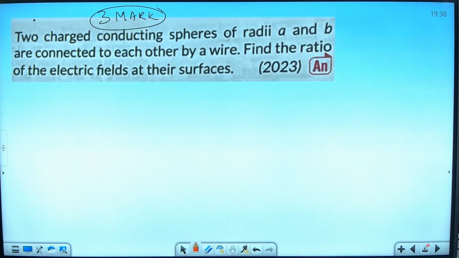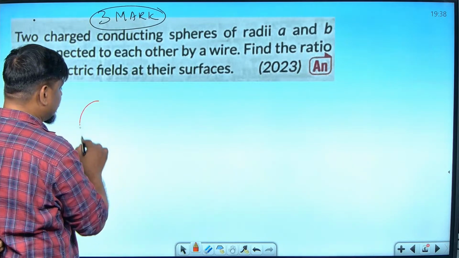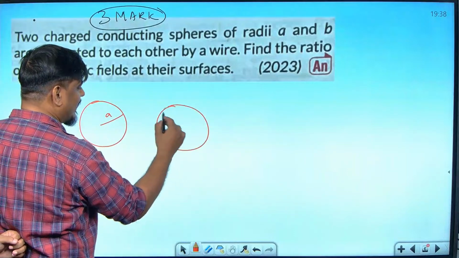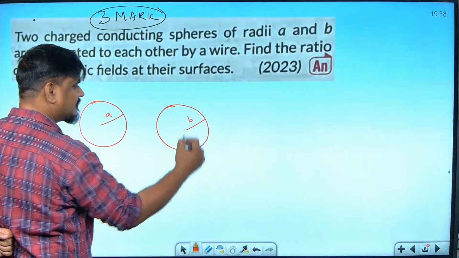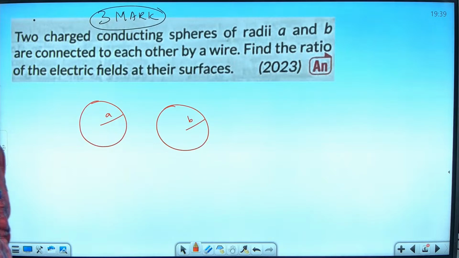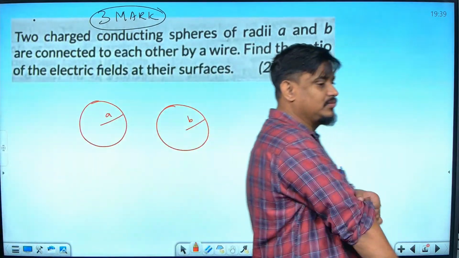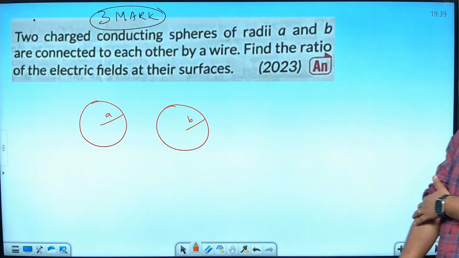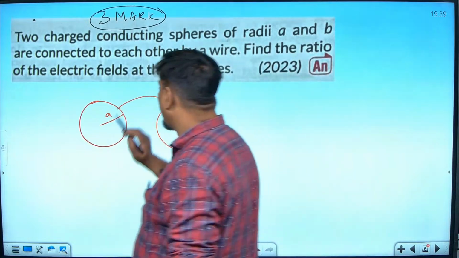Okay, let me ask this question to you. If there are two shells and if they are connected, what will become same between them? Charge. If there are two charged conducting spheres of radius A and B, if they are connected by a wire, what will become equal?